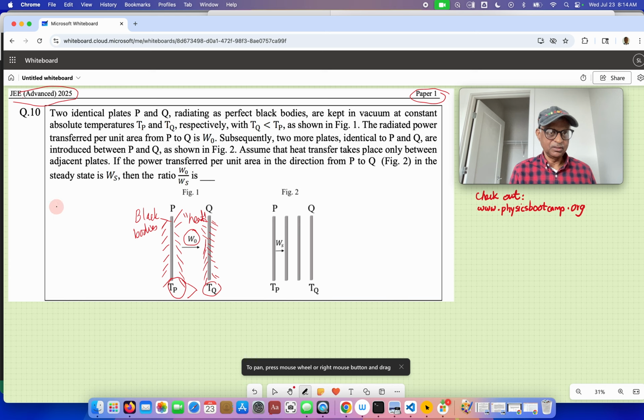So W0 is energy per time, the radiated power per unit area from P to Q. Because you're dividing by area, this is what you would call flux, or sometimes power flux.